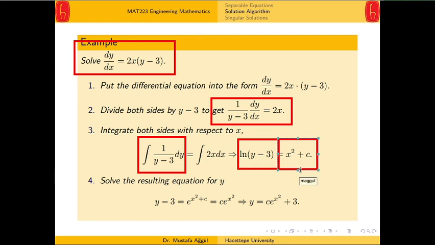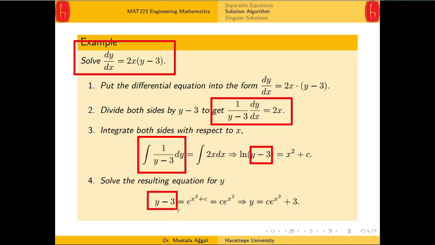So this is our solution, but it's an implicit solution. If you need to solve for y, which is possible in this case, we need to put both sides as the power of e, so e to the ln|y minus 3| and e to the x squared plus c. e to the ln gives us the input of the ln, so this will be y minus 3, and here we have e to the x squared plus c.